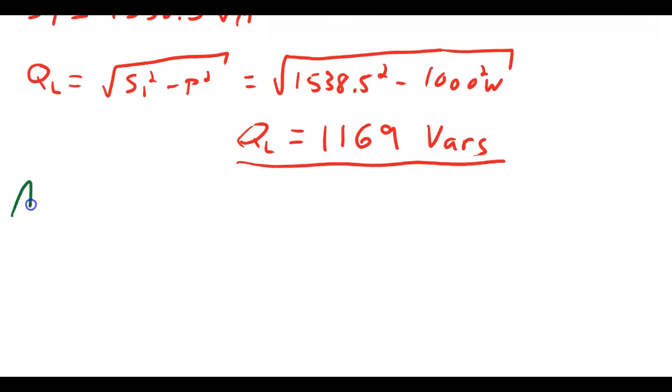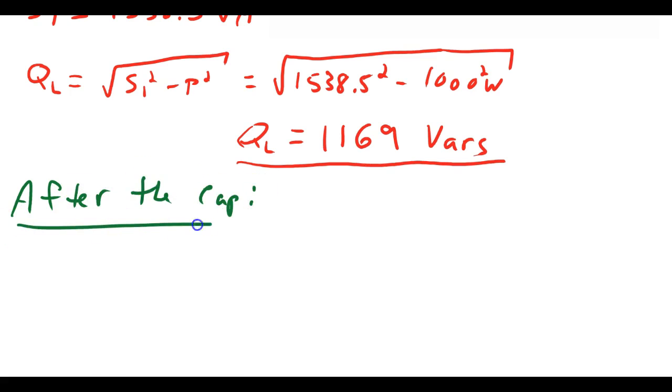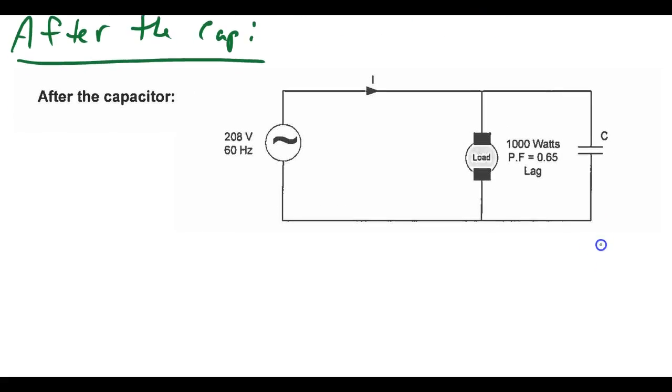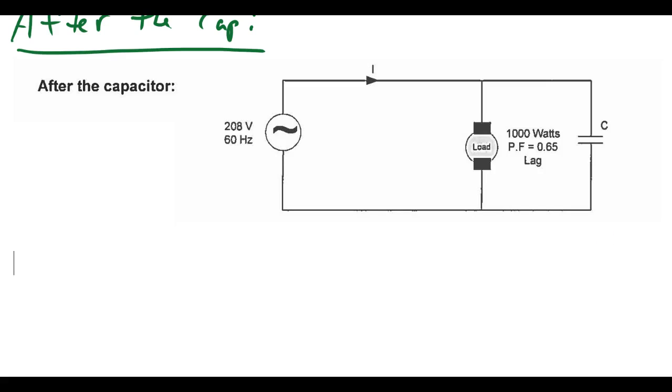And so if the capacitor is placed in parallel with the load, then we should be able to say that after the capacitor is added, we basically now have the circuit shown. And so that means that the capacitor again is in parallel with the load.